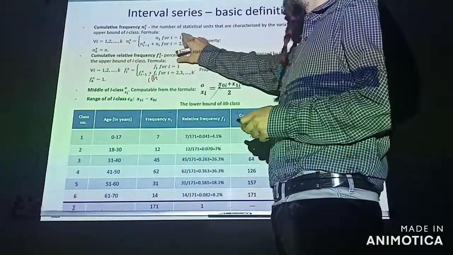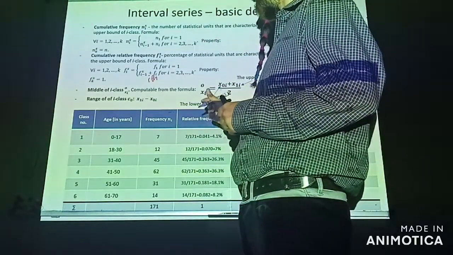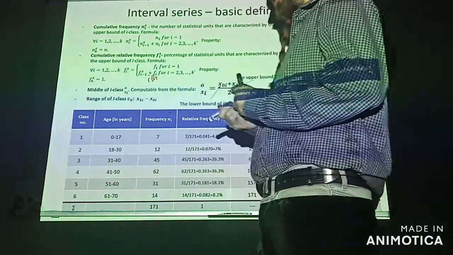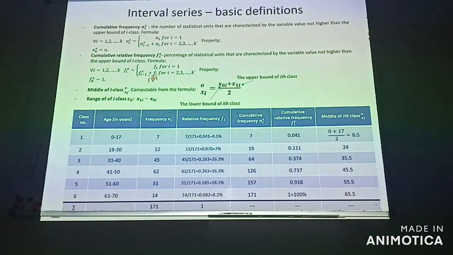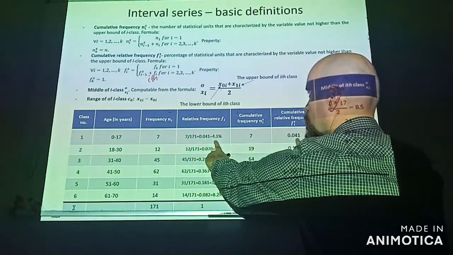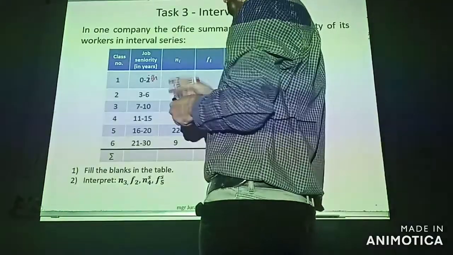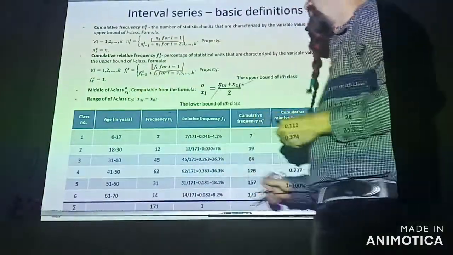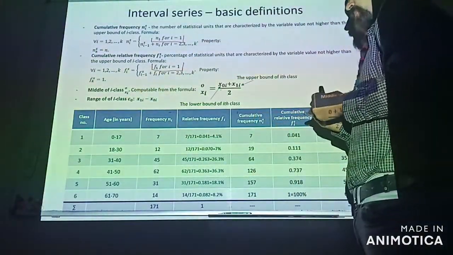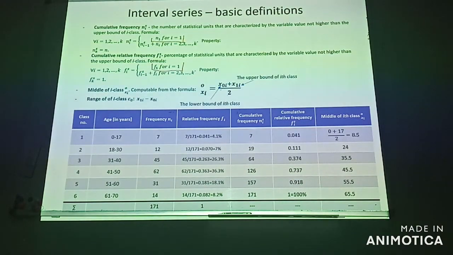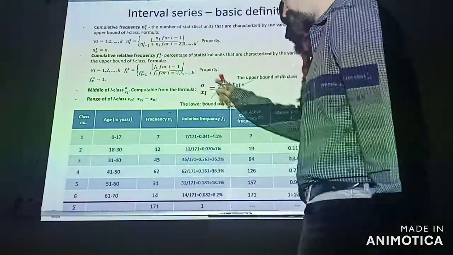As I said before, the first cumulative terms are always equal to the first non-cumulative terms: 7 and 7, 4.1% and 4.1%. The next terms are a consequence of adding.